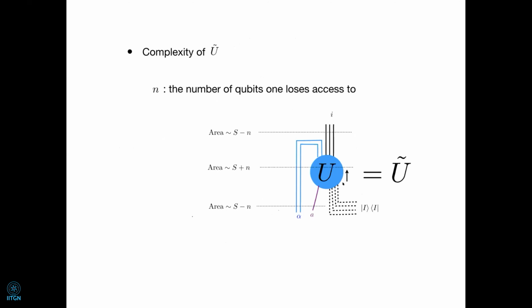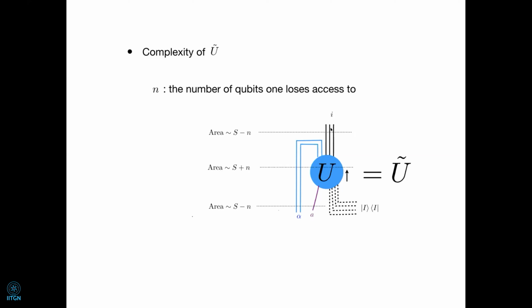U total is defined as an isometry from this 3 line to this 3 line. Then we look at the cross-sectional area at different parts of the tensor network. We see that here there is a bulge corresponding to cross-sectional area S plus N.